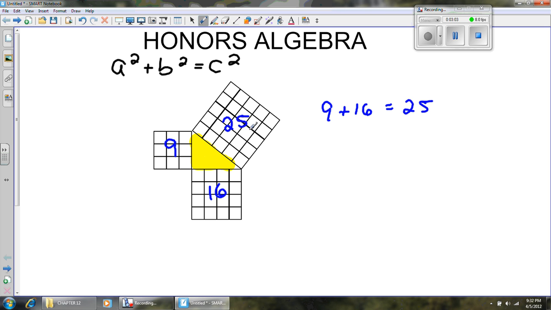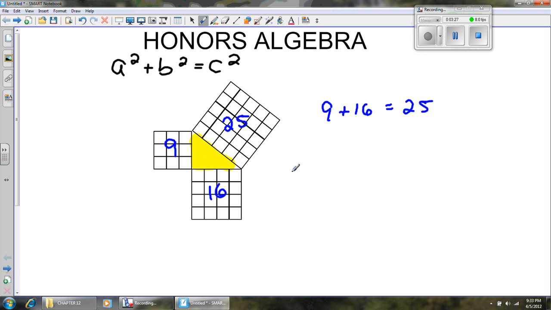We just proved that it's true. If you have a right triangle with height 3 units and base 4 units, you square those, and you will get the area of the third side. Okay, this is the Pythagorean theorem in action.